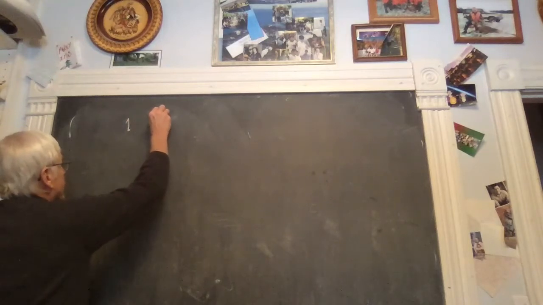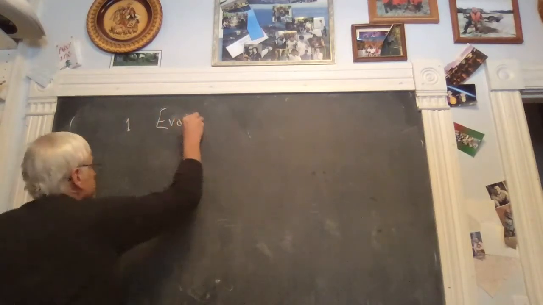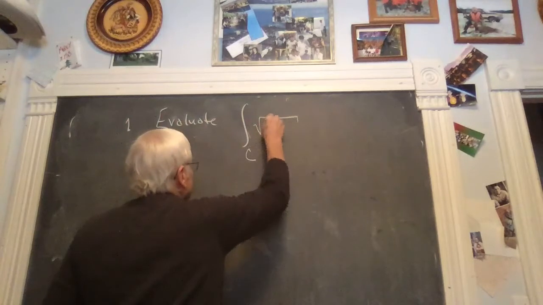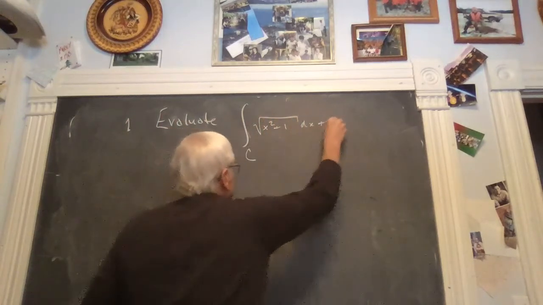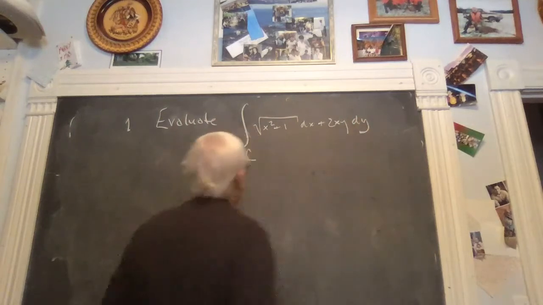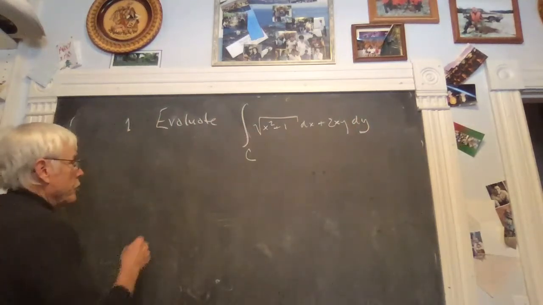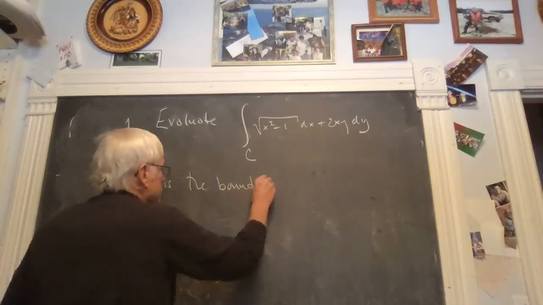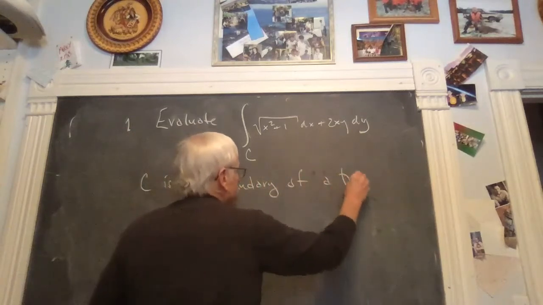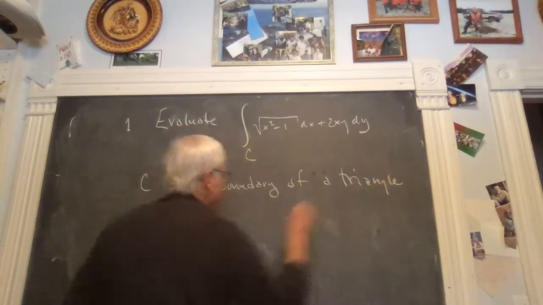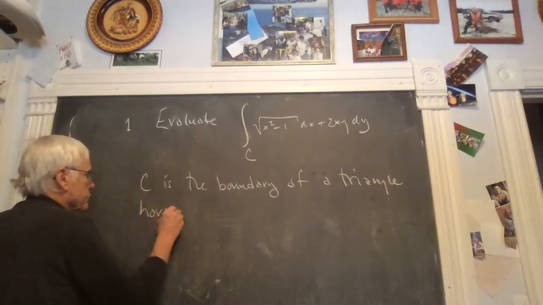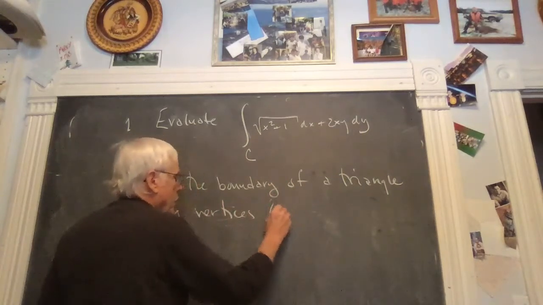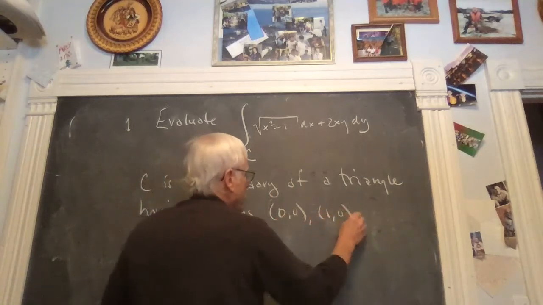We want to evaluate a given integral using Green's theorem, and C is the boundary of a triangle having vertices 0, 0, 1, 0, and 1, 3.